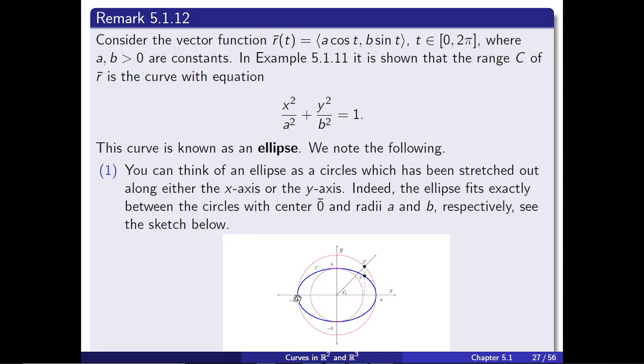So it's like this circle has been stretched along the x-axis to get the blue one. The circle where the radius is b fits there, and the circle where the radius is a fits there, right? So it's in between those circles.